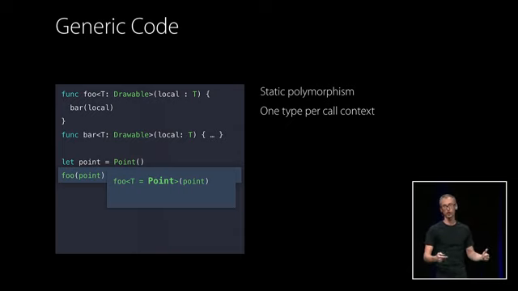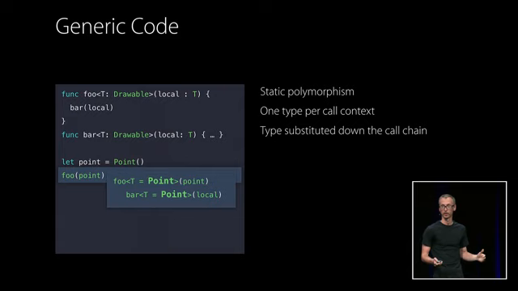When the function foo executes with this binding, and it gets to the function call of bar, the local variable has the type that was just bound, namely point. And so again, the generic parameter T in this call context is bound to the type point. As we can see, the type is substituted down the call chain along the parameters. This is what we mean by a more static form of polymorphism, or parametric polymorphism.